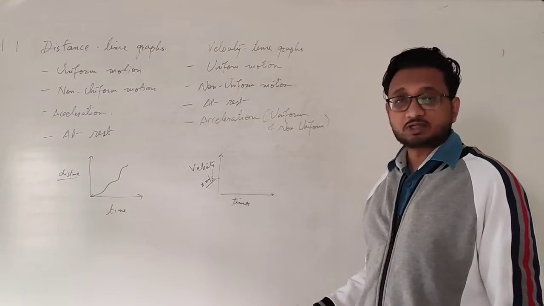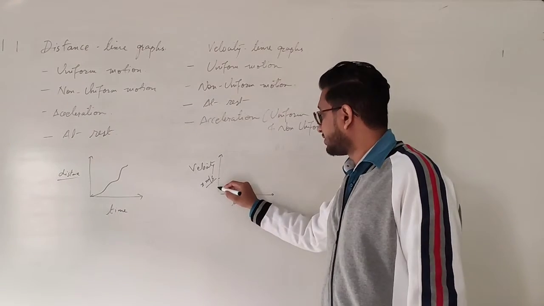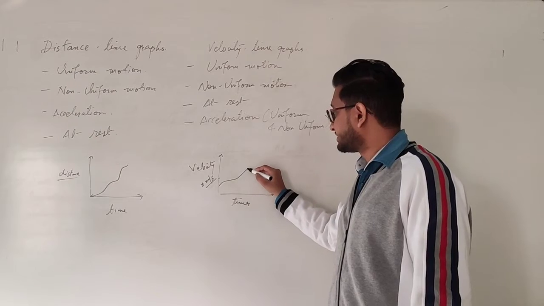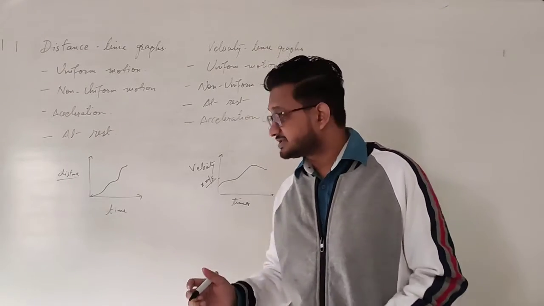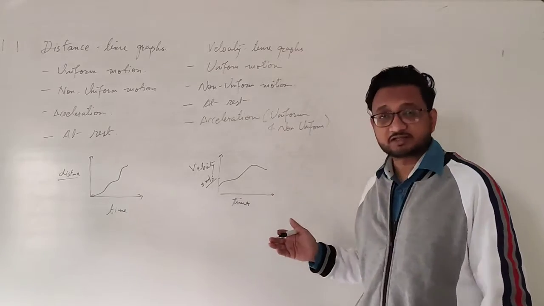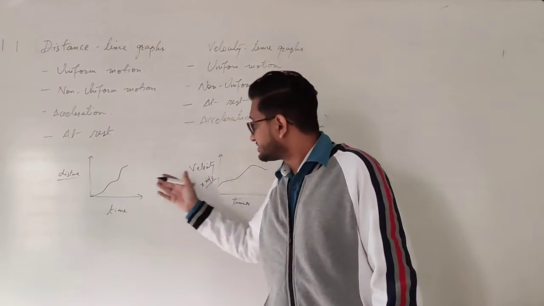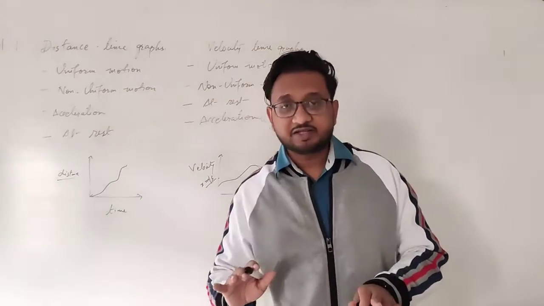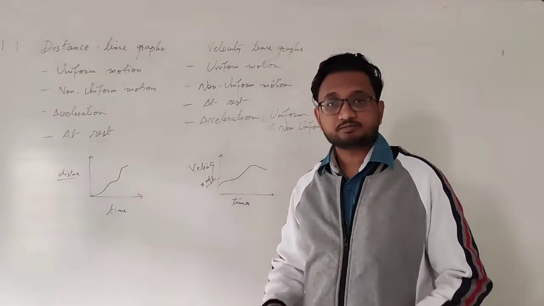In this case, once again, the graph can be a little bit different. Let's say that the object's velocity is this, then it increases, then it decreases. It doesn't matter. Velocity can increase or decrease. The graph can go down as well. So in both the cases, the graph will be uneven for non-uniform motion.